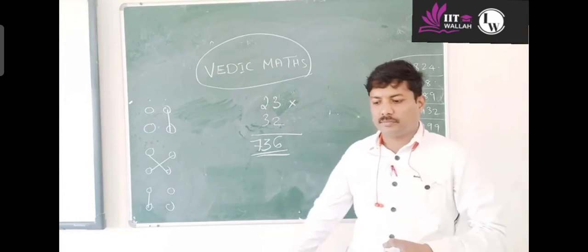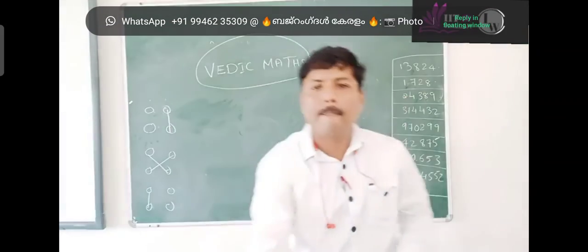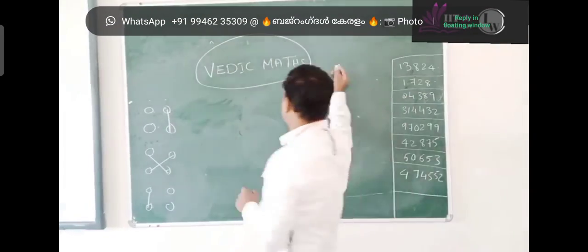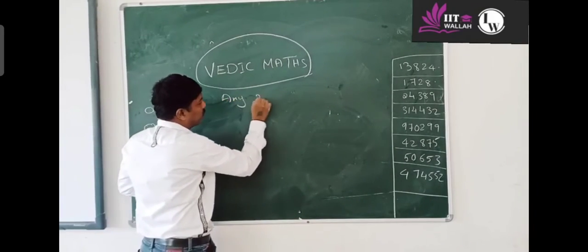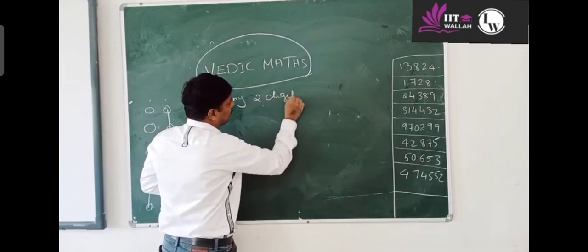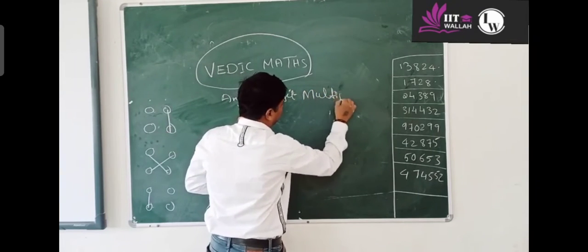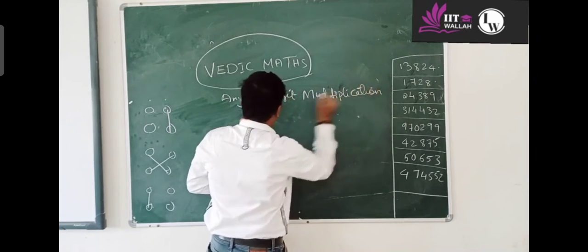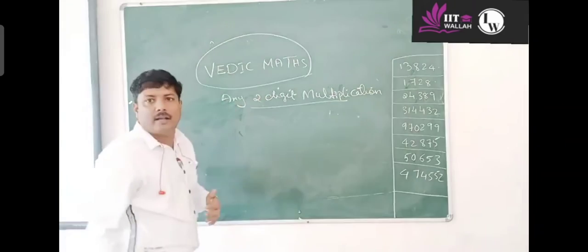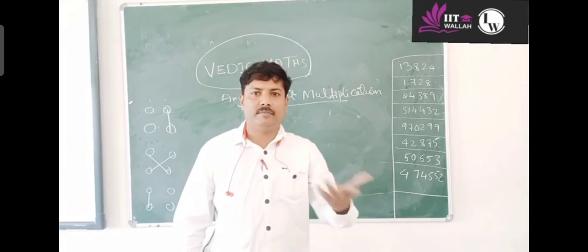Understood? Okay, we will do some other examples. Any 2 digit multiplication. Okay, give me a number so that I can multiply this with another number.